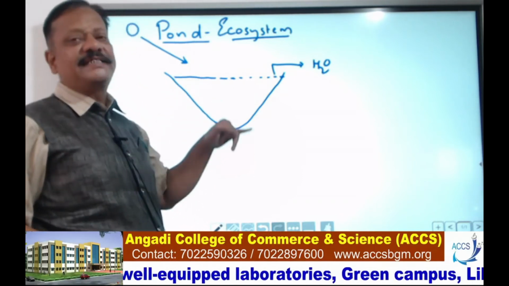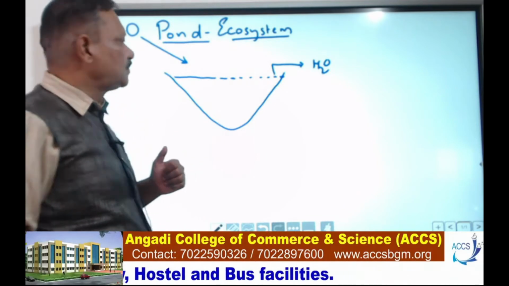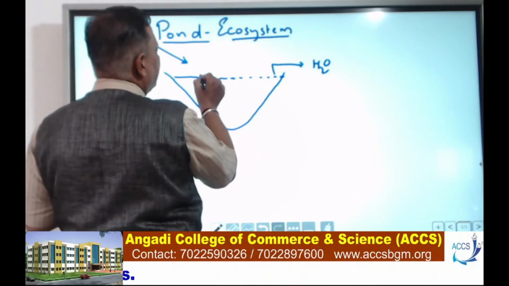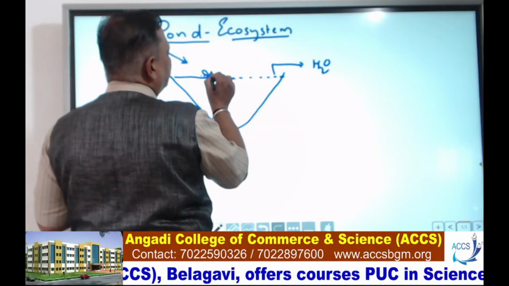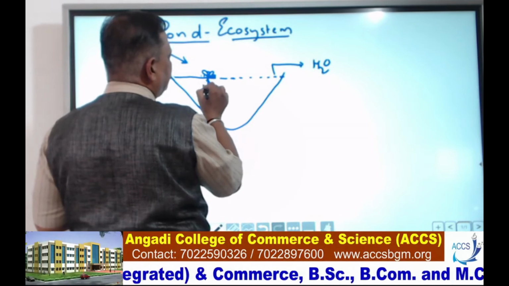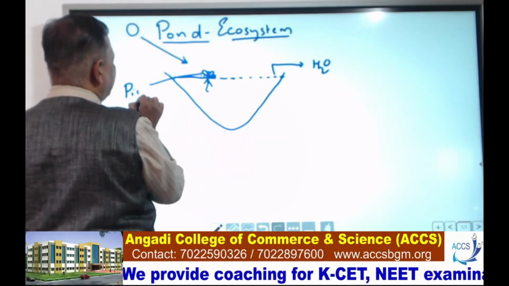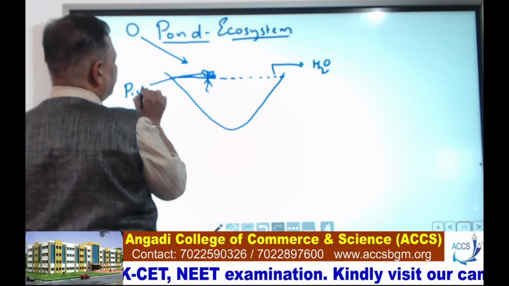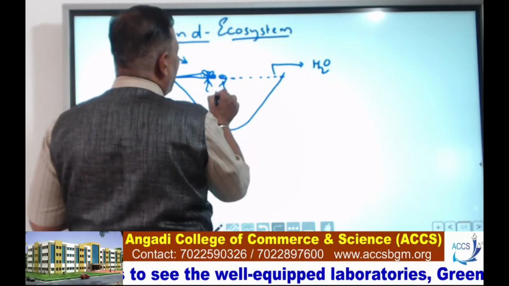Here the pond contains planktons and other green plants. For example, you are observing floating plants. Say this is a pistia. They are freely floating pistia. Then you can take another example, azolla.